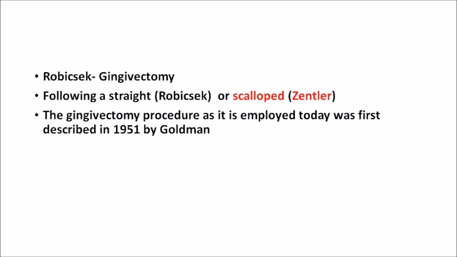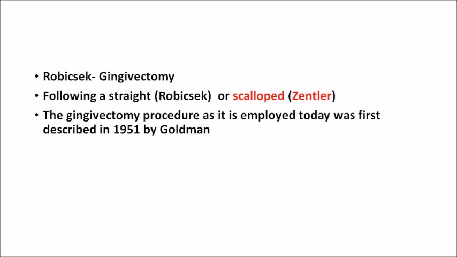Who gave the procedure gingivectomy? Robicsek was the person who introduced gingivectomy. And when Robicsek introduced gingivectomy, he followed a straight line contour of the gingiva. The scallops of the gingival margin were not followed. He followed a straight gingivectomy. This scalloping was introduced by Zentler. SZ, scalloping by Zentler.